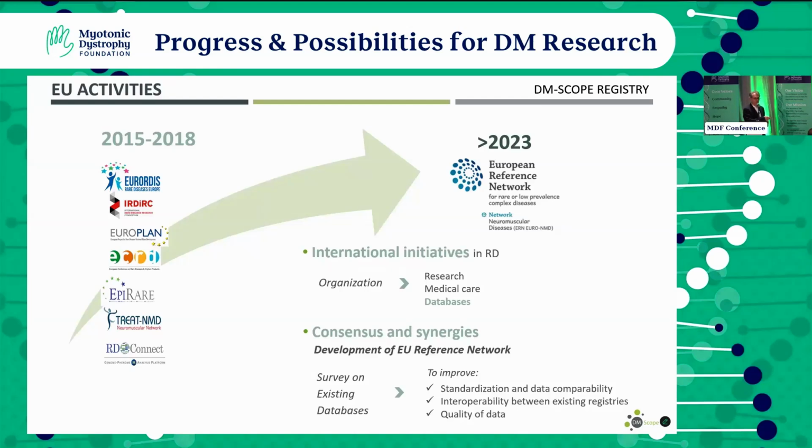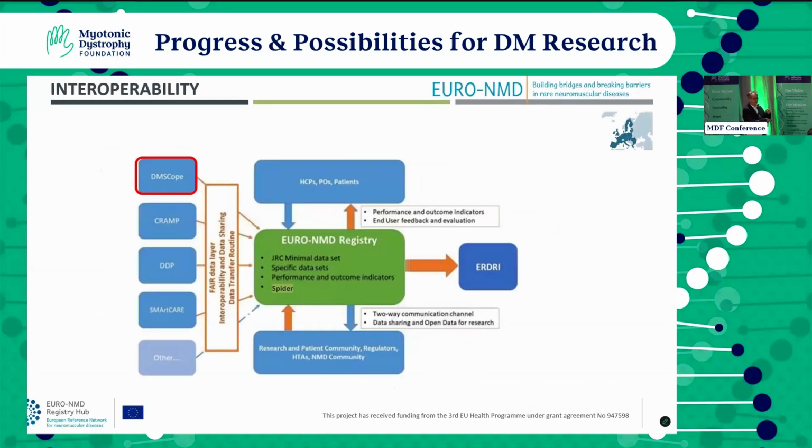This is also a bureaucratic approach, and we contribute as DM Scope to some of the consortia preparing what could be a European neuromuscular registry, which started in 2023. And sometimes we make things complex in different countries and in Europe. That will not be the case for this one. So really, this will be nice for all the PhD students. So that is very briefly how it is.